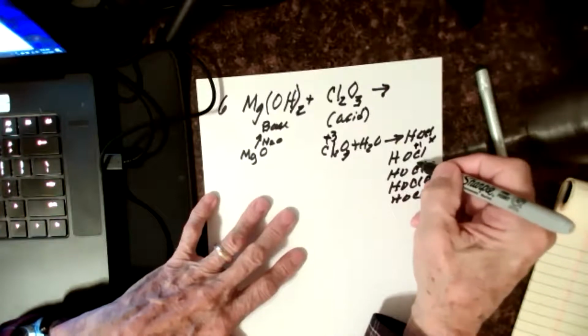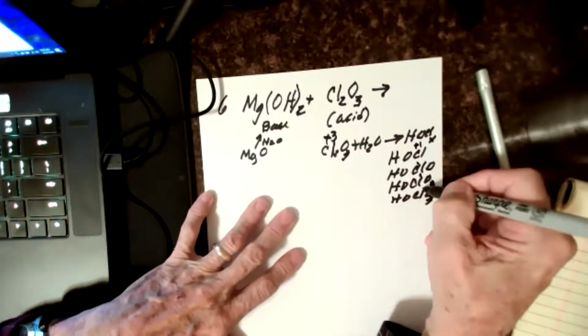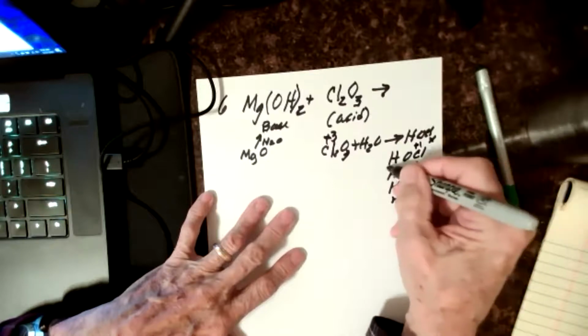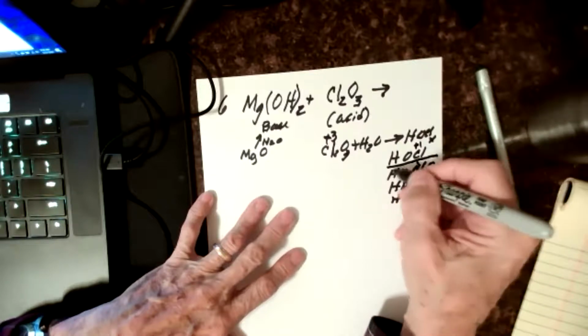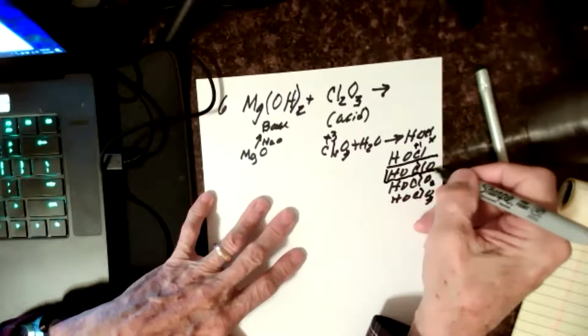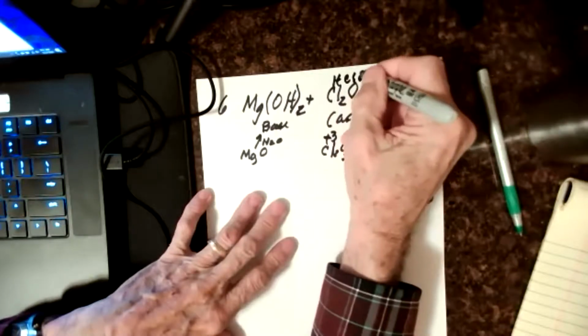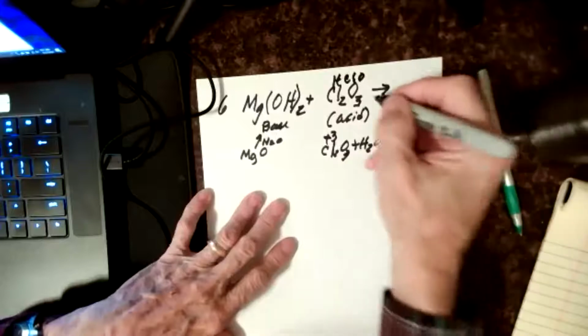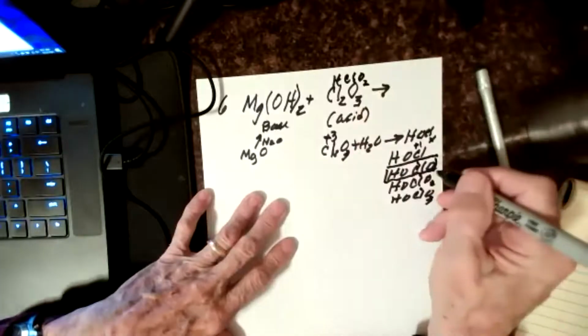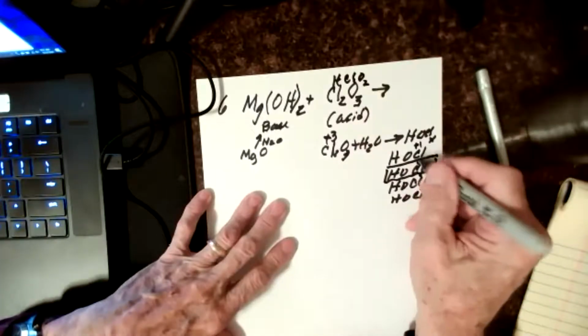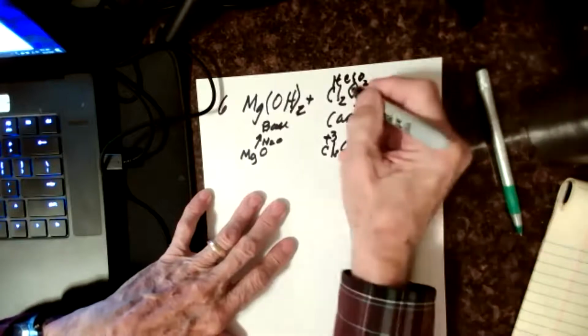It'll be +3 in this one, +5 in this one, +7 in this one. The one that we're going to make is this one. So this is going to behave as if it were HClO2. +1, +3, +5, +7. Yeah, HClO2.